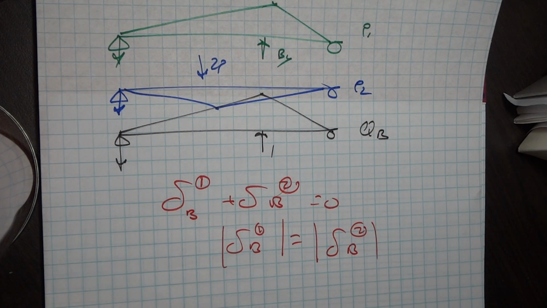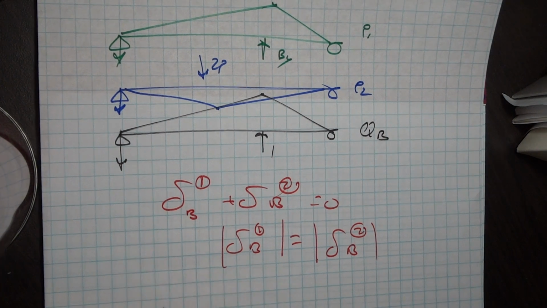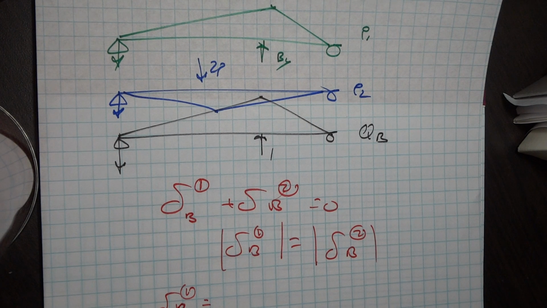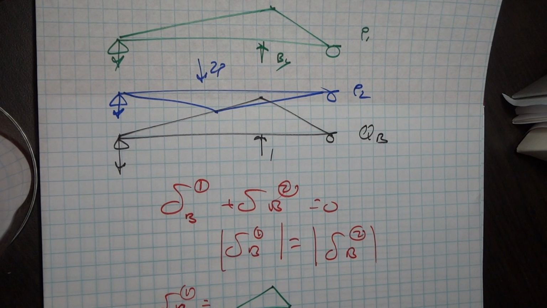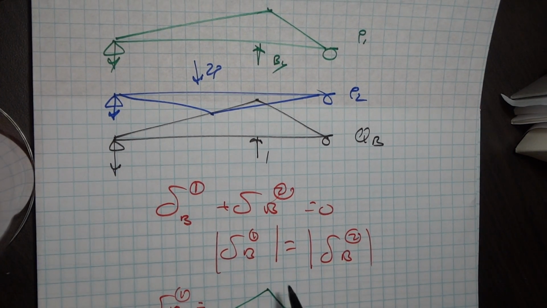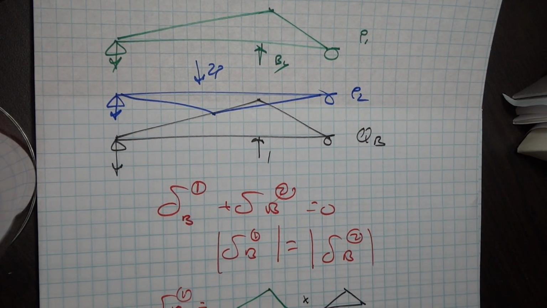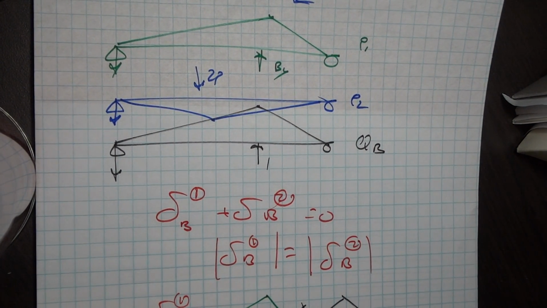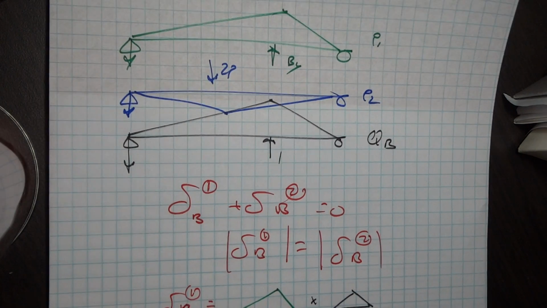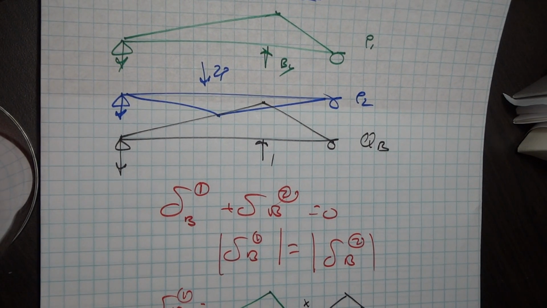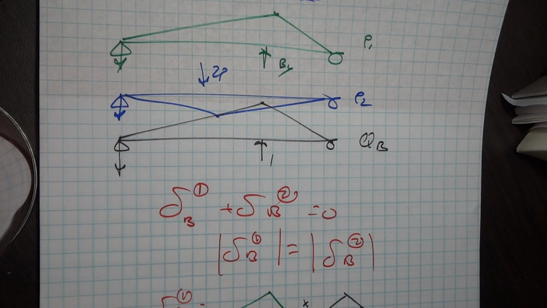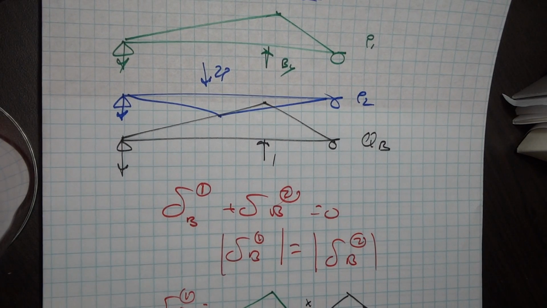Okay, so delta B1, let's look at that again here. Delta B1 is going to be equal to this triangle times this triangle. Delta B2, this is blue, is going to be equal to this triangle times this triangle.